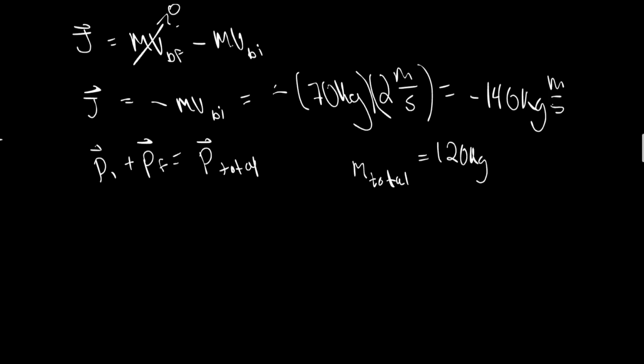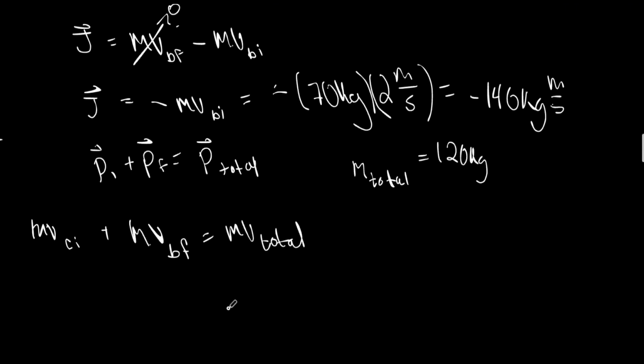But before we plug in these values, let's put this in terms of the variables that we are given. So we can rewrite this as m v sub c, initial, plus, we can rewrite this for the boy, which would be m v of the boy, final, is going to be equal to m v total.